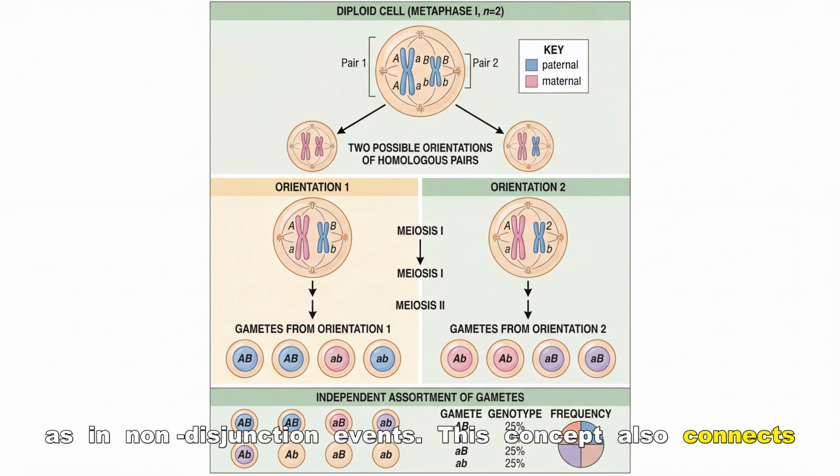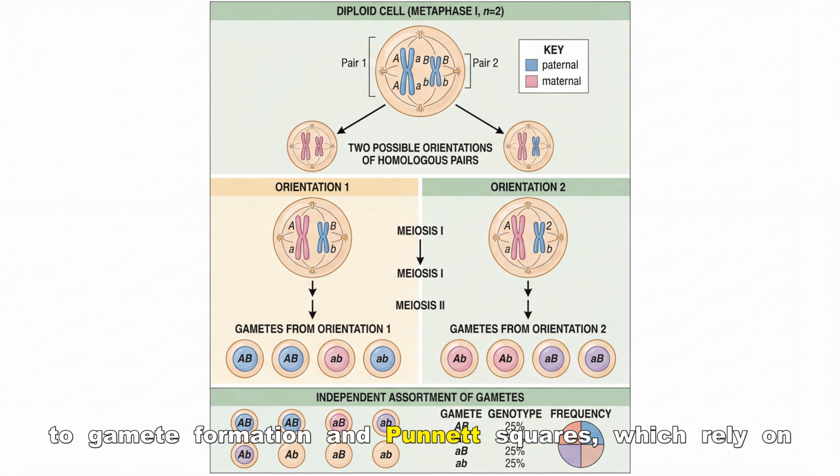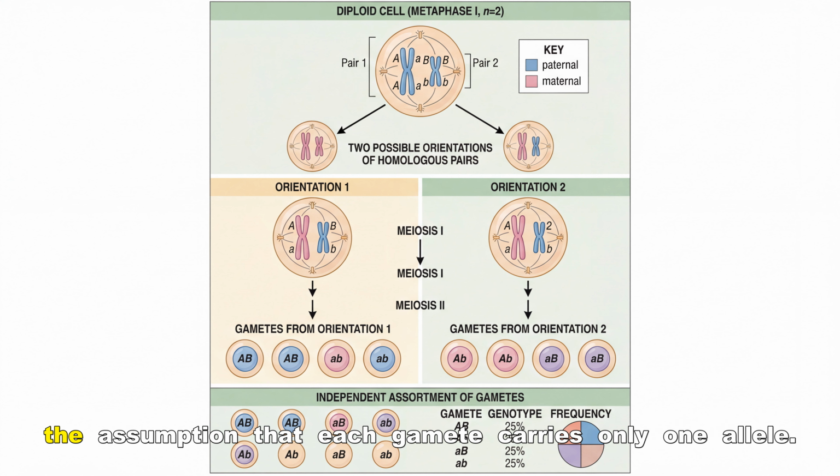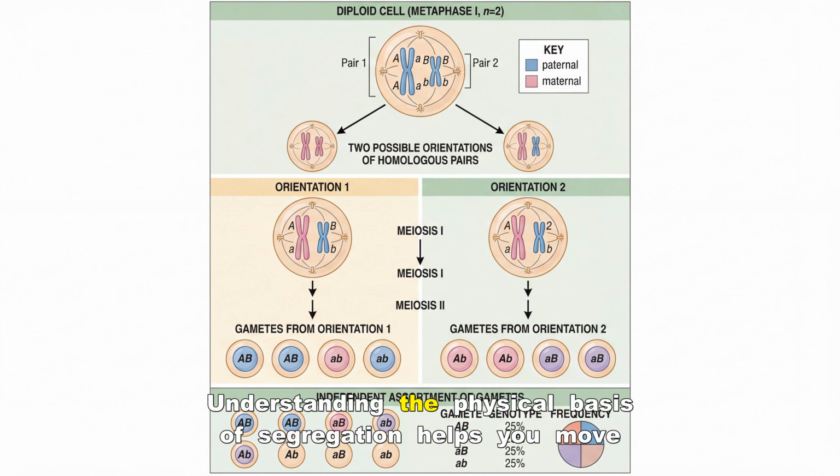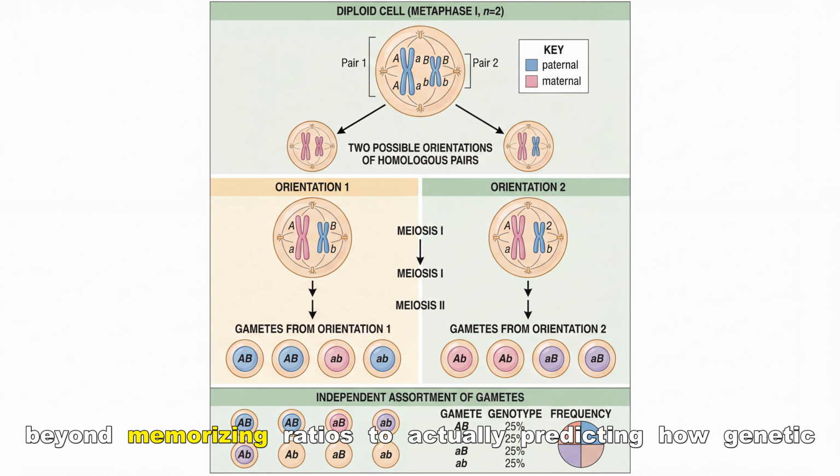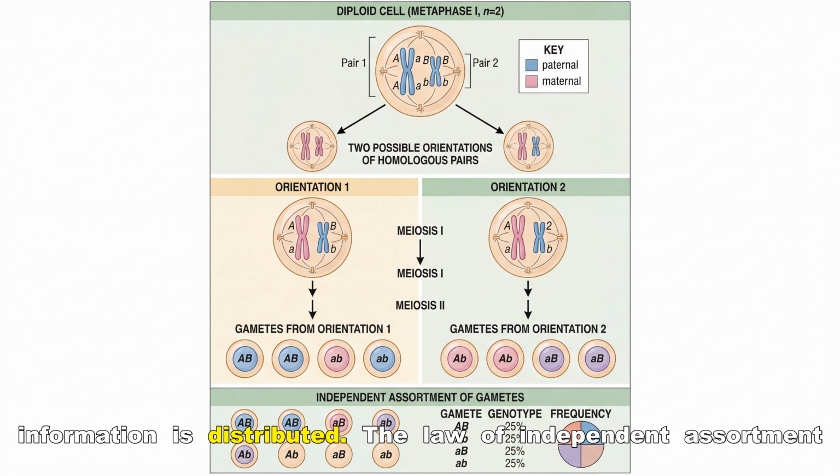This concept also connects to gamete formation and Punnett squares, which rely on the assumption that each gamete carries only one allele. Understanding the physical basis of segregation helps you move beyond memorizing ratios to actually predicting how genetic information is distributed.